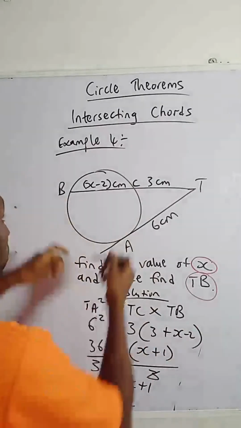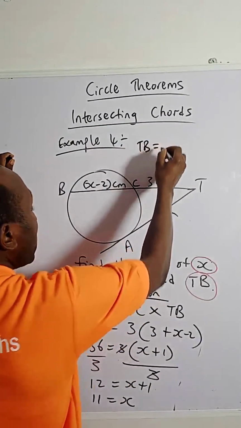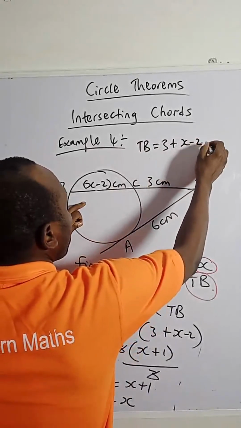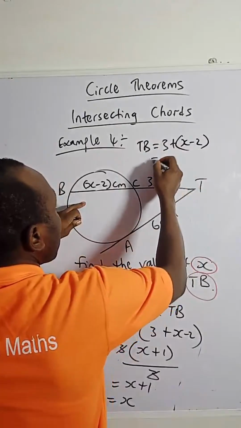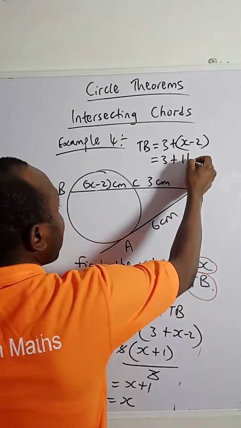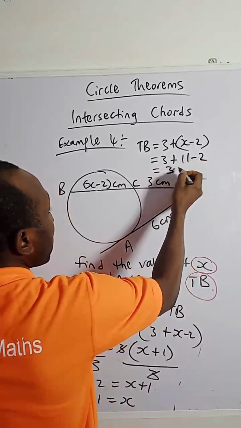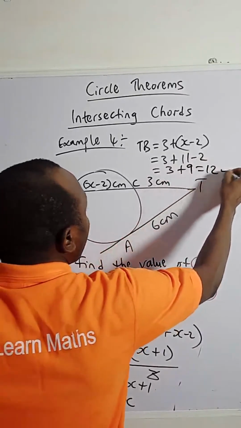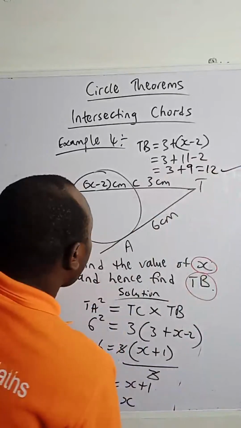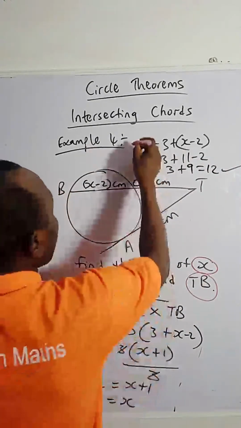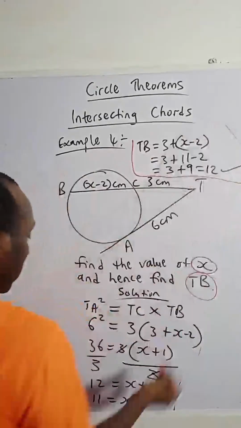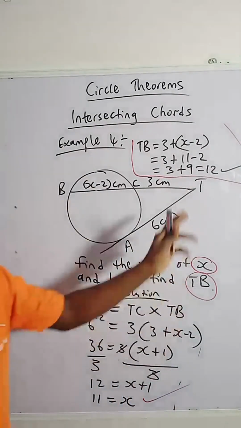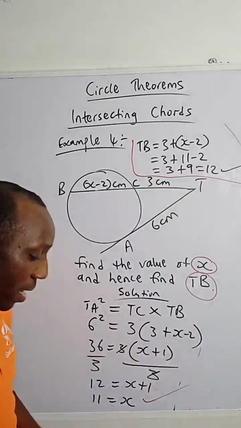And x is 11, so that's 3 plus 9, which is 12. So yes, those of you that chose this answer, you are all right. Great. Good to have you say the correct answers. So TB is 12 and x is 11.